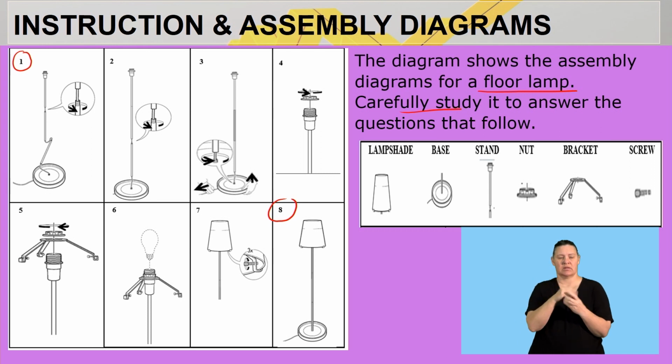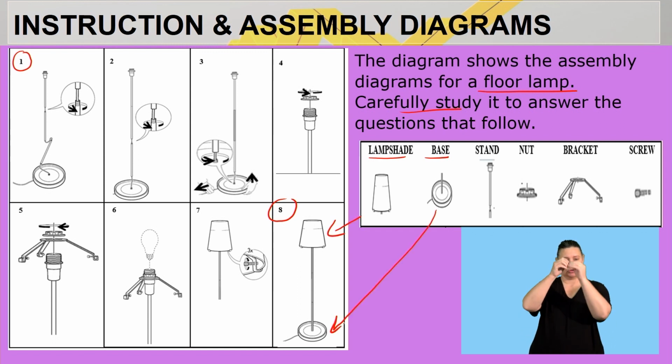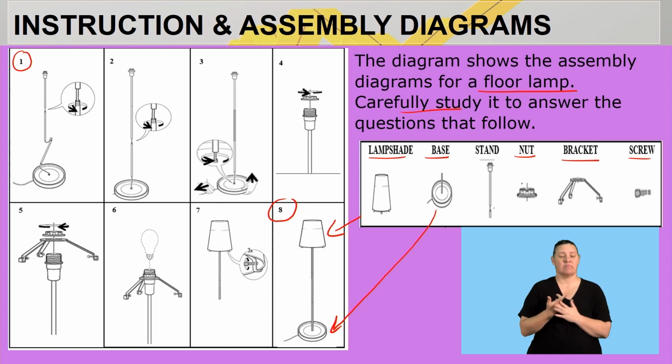The first part here is the lamp shade, then we have our base, and the stand is also indicated here. Then we have a nut, a bracket, and an indication of what the screw looks like.